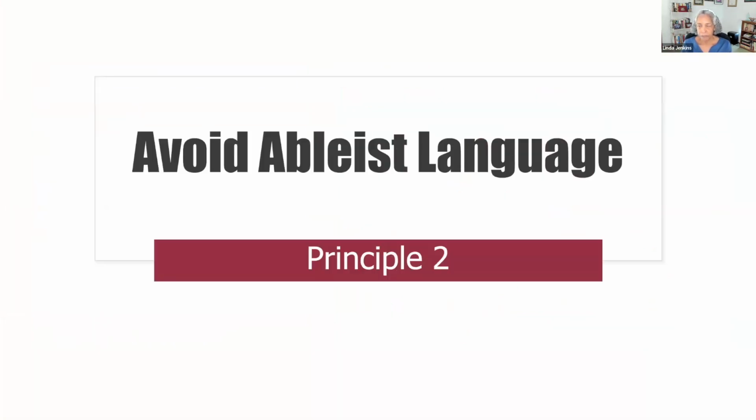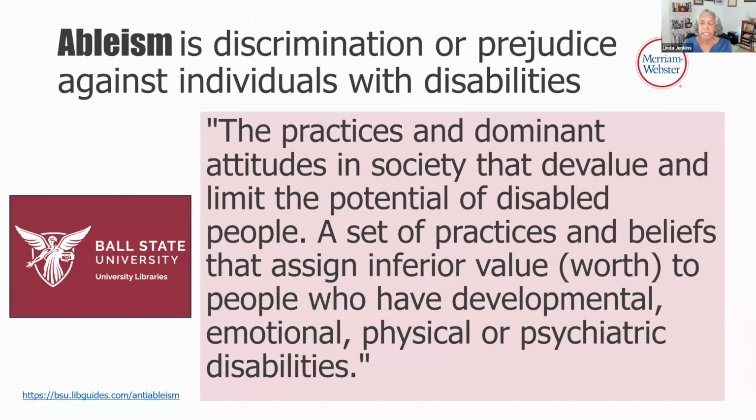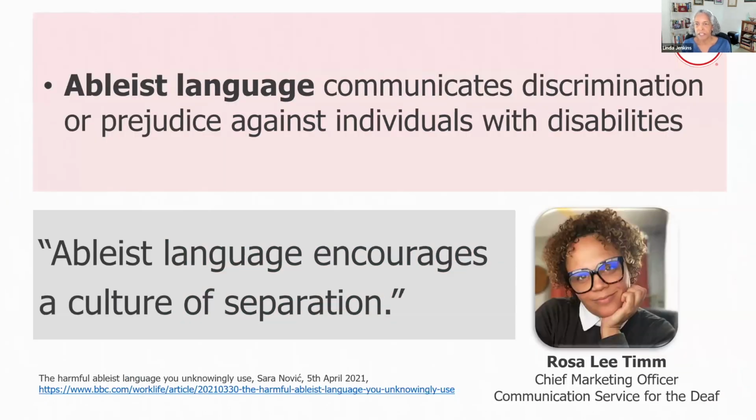Another principle, number 2, is to avoid ableist language. And so I provide you with a definition of ableism first. And with an understanding of that definition, the ability to understand how ableism is communicated through language.